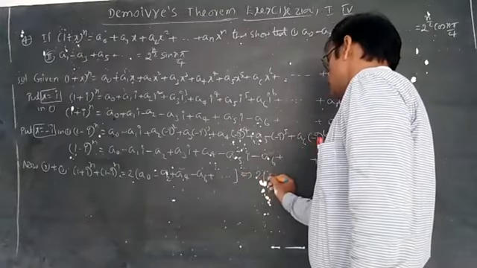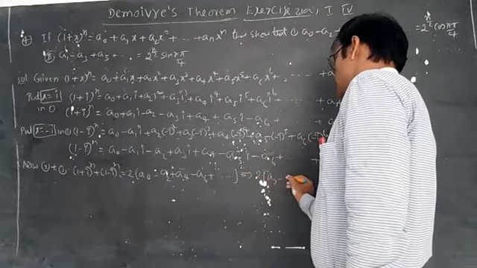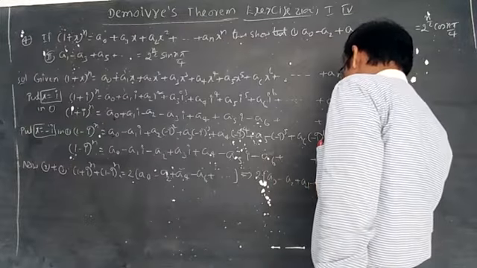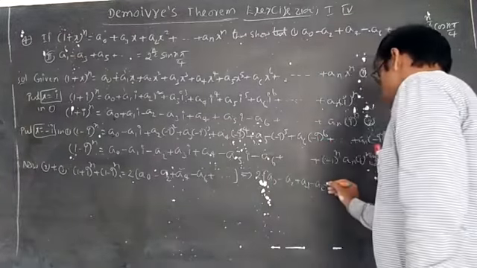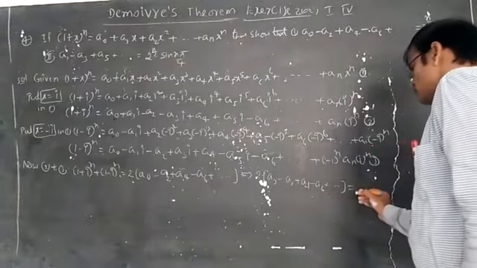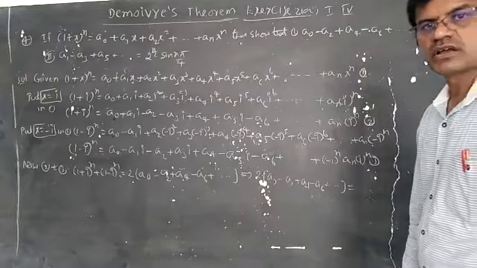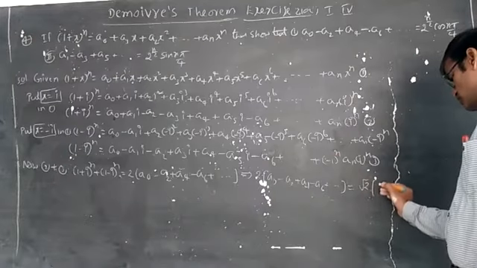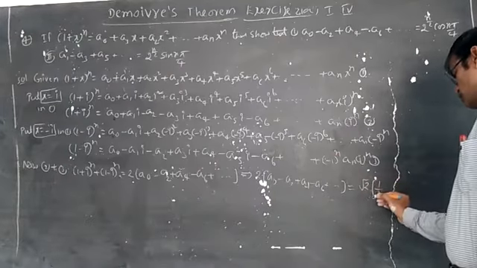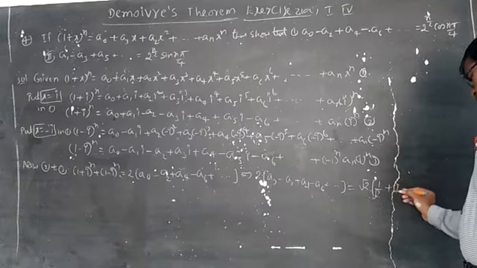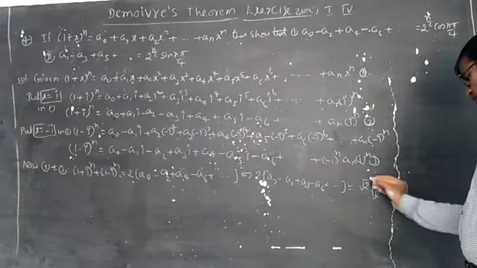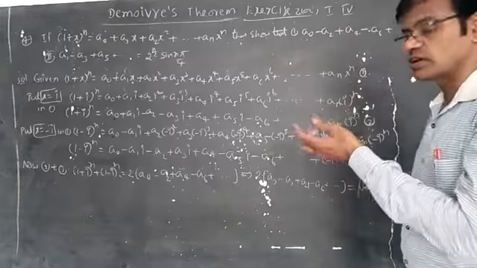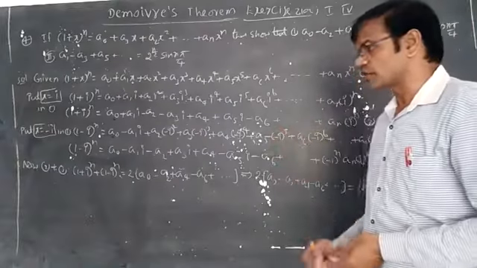Now you can understand that 2 into (a0 minus a2 plus a4 minus a6 plus so on) is equal to (1 plus i) whole power n plus (1 minus i) whole power n. You can write this as root 2 into (1 by root 2 plus i by root 2) whole power n, because for the complex number x plus iy you should multiply and divide with root of x squared plus y squared.